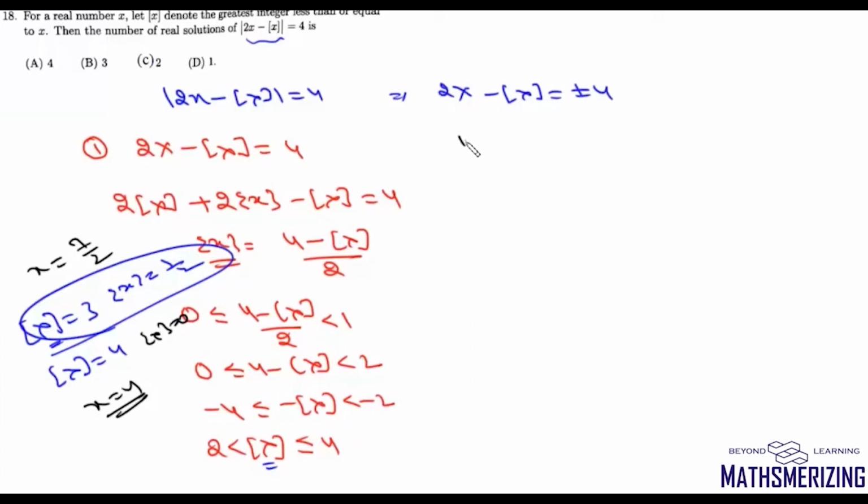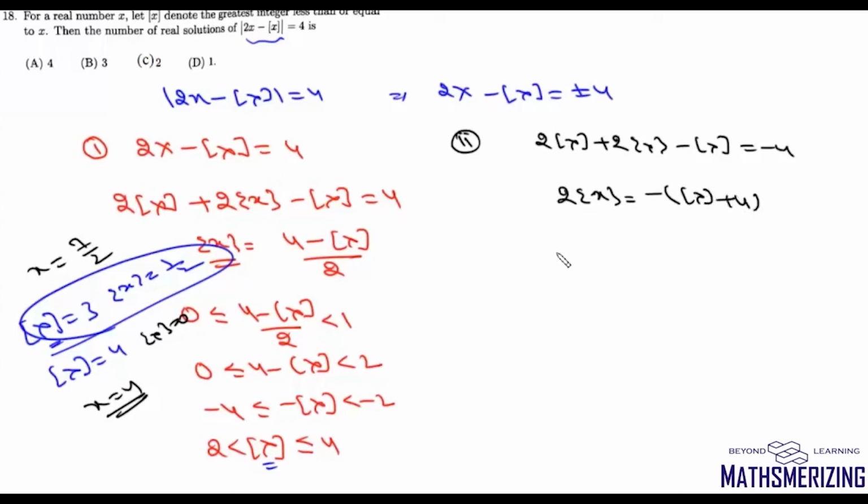Now we'll consider the second case. Here again, we can write 2 times greatest integer function of x plus 2 times fractional part of x minus greatest integer function of x equal to minus 4. We'll get 2 times fractional part of x as minus greatest integer function of x plus 4. Now again it'll lie between 0 and 1, so it'll be 0, less than or equal to minus greatest integer function of x plus 4 divided by 2, and it should be less than 1.